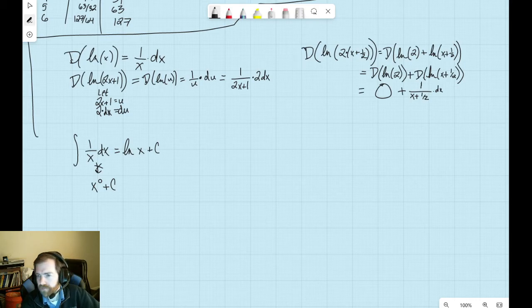Multiplied by dx. Okay, but then we can also say, all right, the derivative operator, that's operating on all this stuff, natural log of 2 parentheses x plus a half, is going to be equal to then 1 over x plus a half.